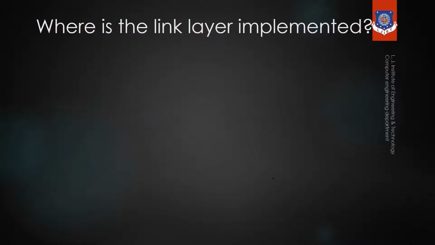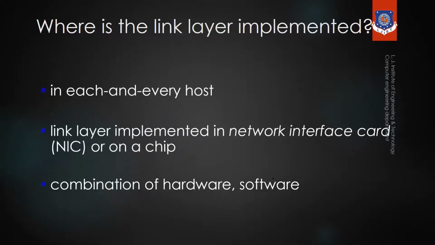Now the question is, where is the link layer implemented? The link layer is implemented in each and every host. It can be found in a network interface card or on a chip.